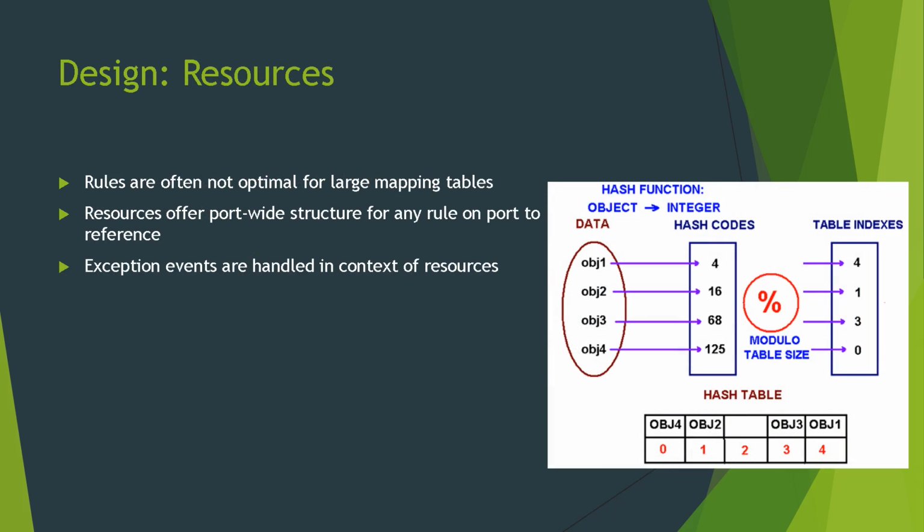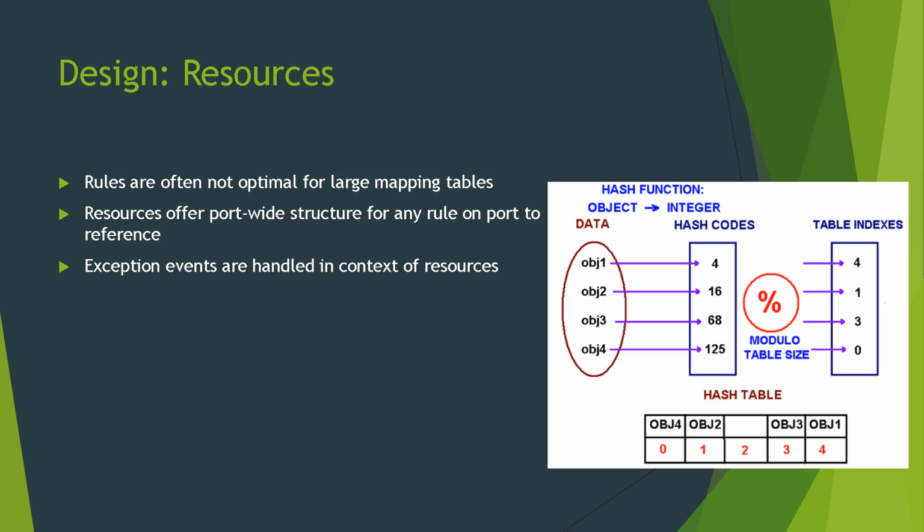Alright, now rules by themselves are usually not optimal for large mapping tables. For example, doing a customer address to a physical address lookup that VNet requires. VNet uses this to look up outbound traffic with a directory system. So in this case, rules would not be optimal for such a large mapping table.